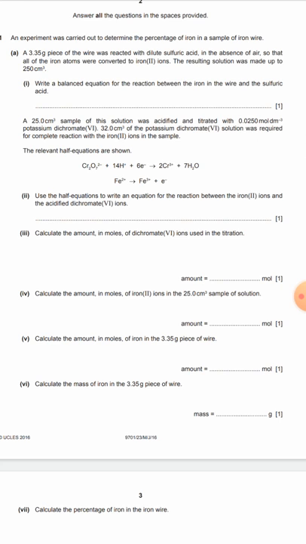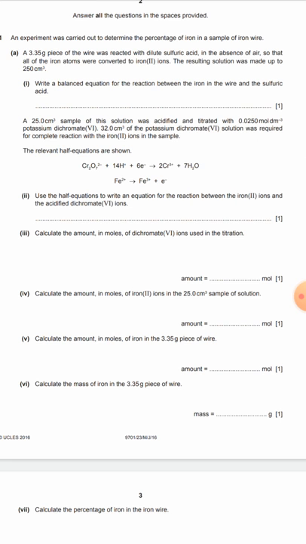Now let me tell you what your thinking should be here. When you are diluting a solution, like this raw iron 2 sulfate and this diluted iron 2 sulfate, the number of moles remains the same in the raw solution and the diluted solution.